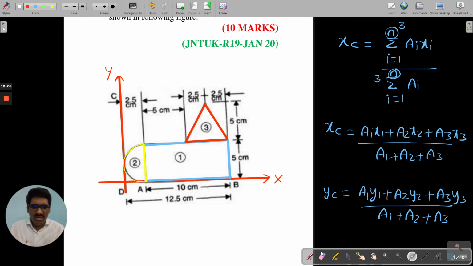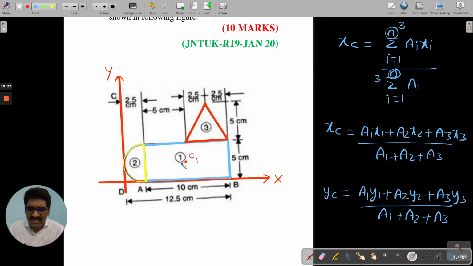Now tell me all of you, for this rectangle, what is the base we have? 10 is the base we have. Therefore, I can say that definitely this becomes the position of centroid, C1. Am I right, all of you? Where is our y-axis? This is the y-axis. This is the centroid.